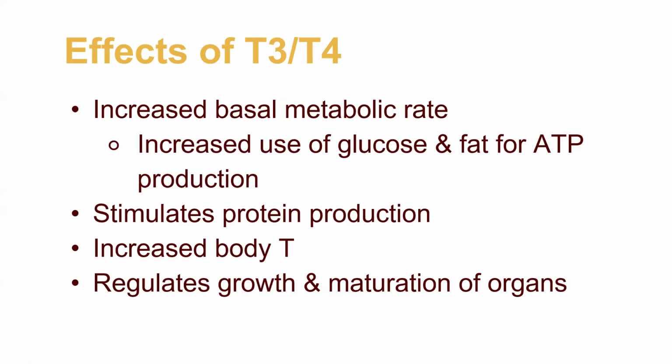It's also going to stimulate protein production because proteins are needed for every function of the body. We said it increases body temperature, and because it's related to metabolic rate and the uptake of glucose and fat in our energy systems, it's going to have a big role in regulating growth and maturation of our different organ systems. So super important.